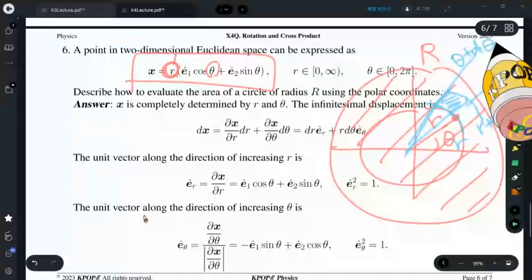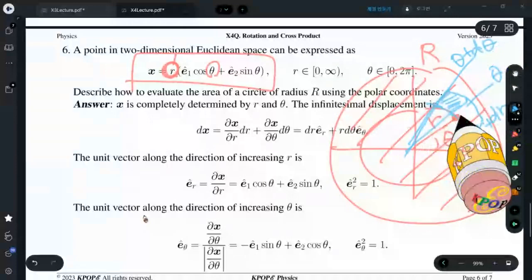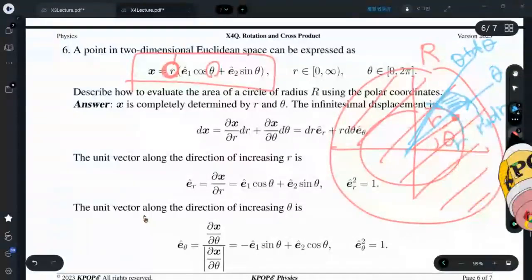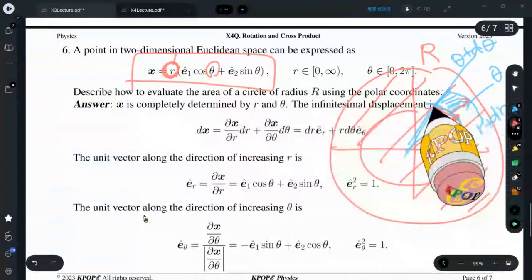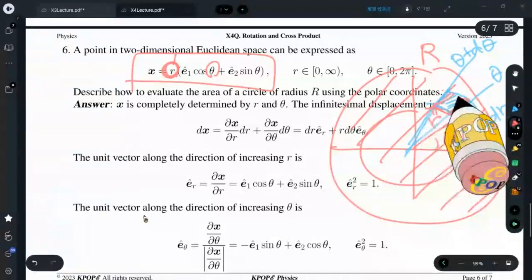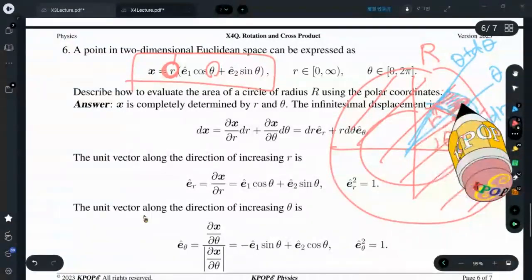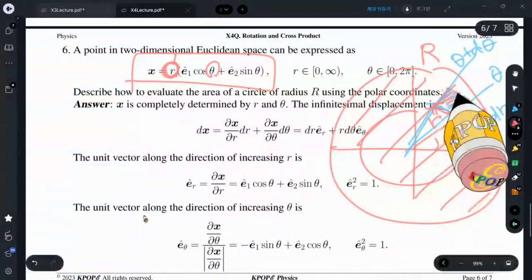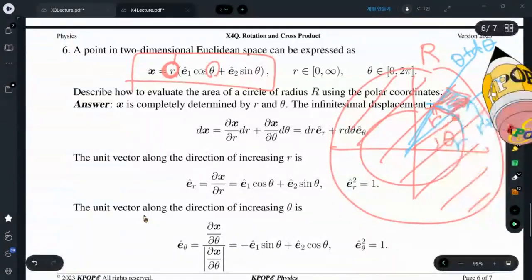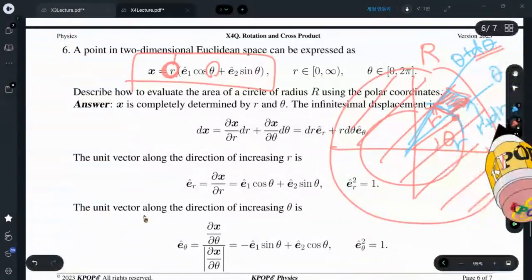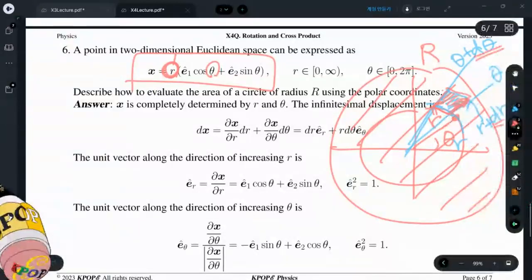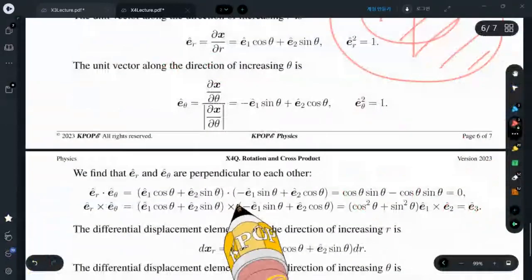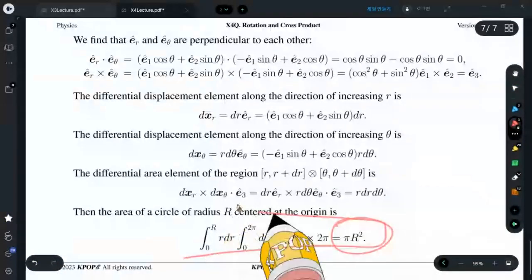You will find these two sides, the radial side and the tangential side, and take the cross product to find the area of this tiny region, then take the infinitesimal limit and sum them all to find the area to be pi r squared.